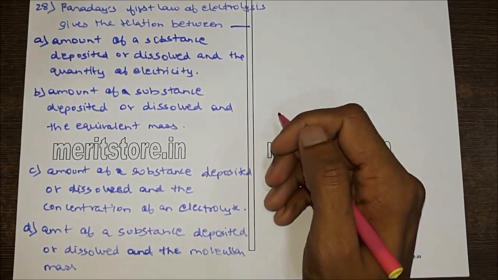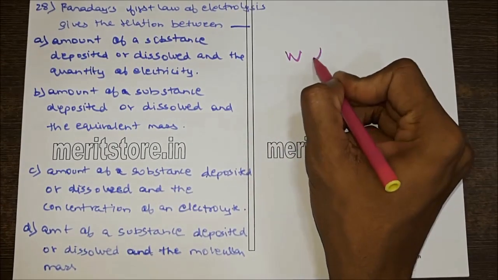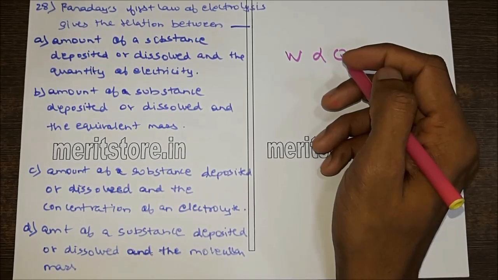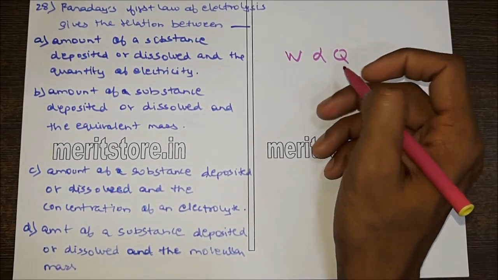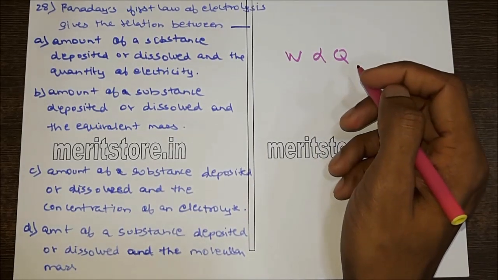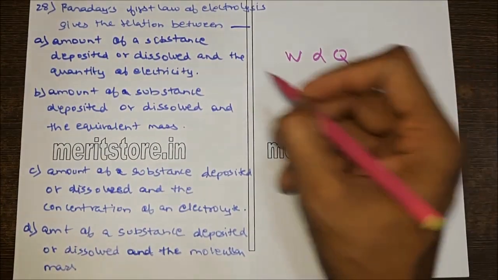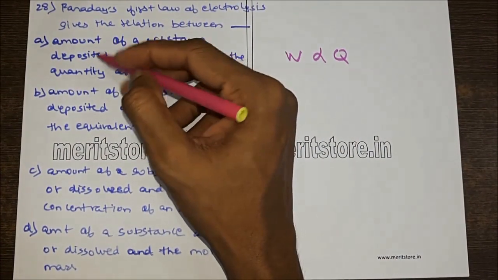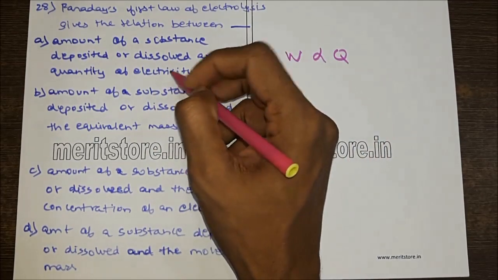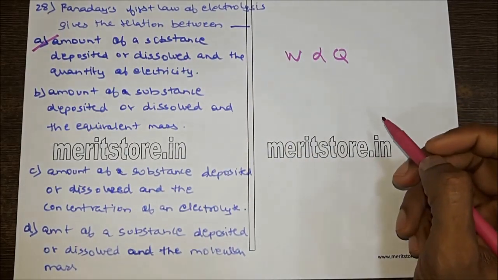Mathematically, it can be expressed as W directly proportional to Q, where W is the amount of substance deposited or dissolved in grams, and Q is the quantity of electricity passed in coulombs. Therefore, option A is the correct answer.